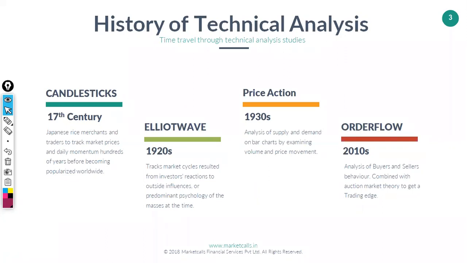And then come the price action studies. Price action talks about supply and demand on the bar charts, mostly about price behavior and where the pending orders are. It's more of a 1930s thing, mastered by Richard Wyckoff, and we are not going to talk about those things. We are going to talk about something modern.